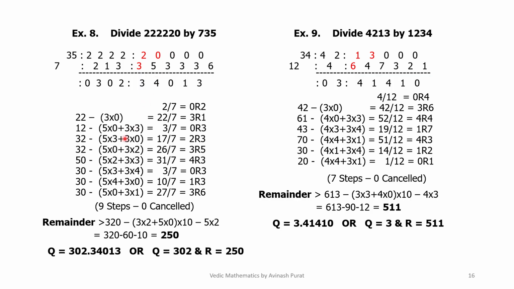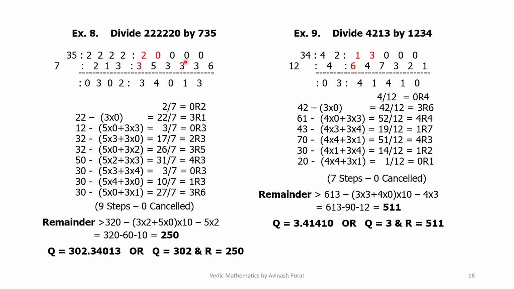Now 30 remainder minus 5 into 3 plus 3 into 4, that is 15 plus 12, 27. 30 minus 27 is 3 divided by 7, 0 quotient and remainder is 3.